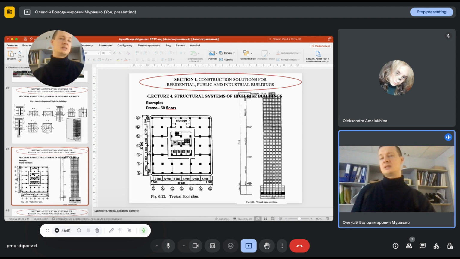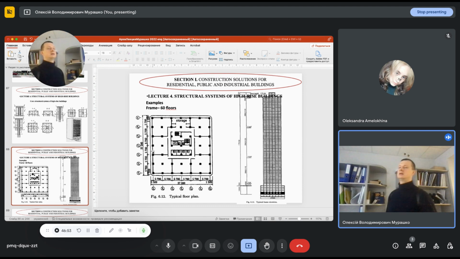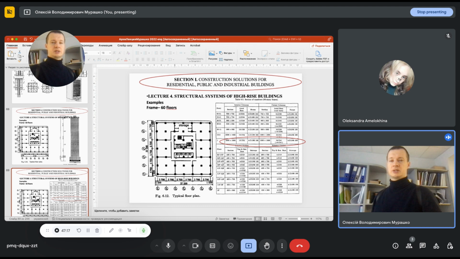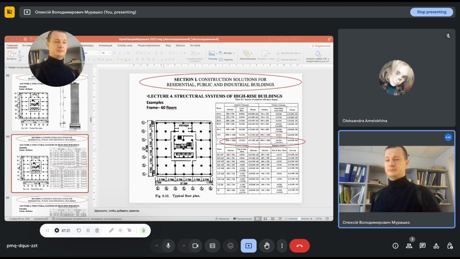So the distance between these columns is not 5.7. 5.7 is the distance between axes, but between the surfaces of the walls of the columns you will get 1 meter less, so 4.7 meters. So much floor surface is under the columns. And here is the cross section of this column, 1 meter by 1 meter.